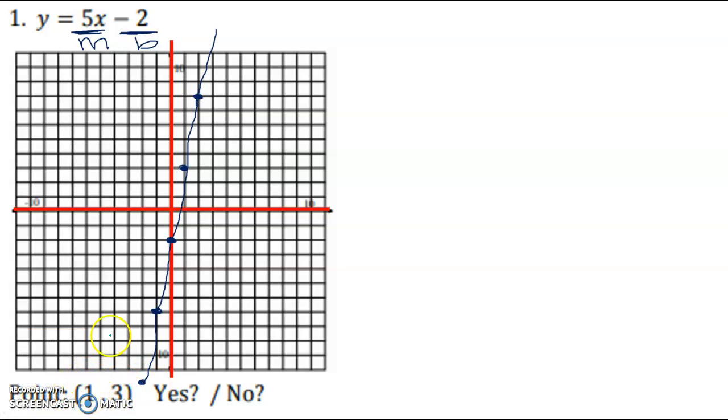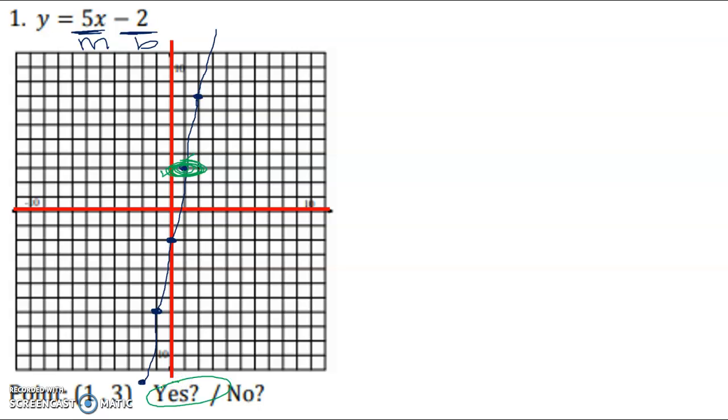So we're going to find, where is (1, 3)? We're going to go over 1 and up 1, 2, 3. So here is the point (1, 3). And we want to know, did our graph cross that point? Well, it certainly did. So that would mean that the point (1, 3) is indeed a solution.